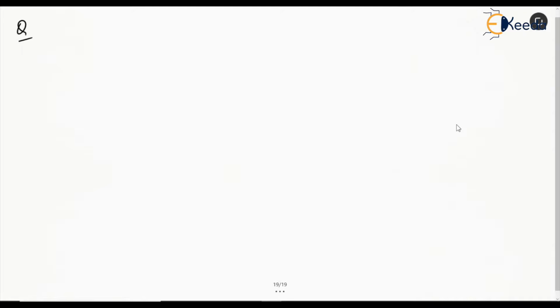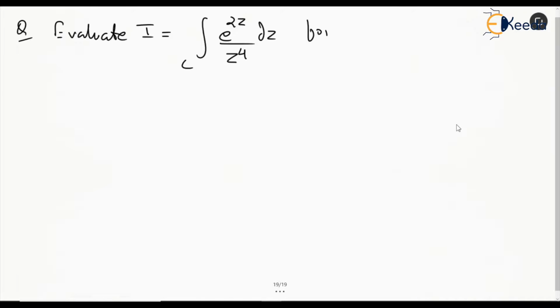It says evaluate I is equal to the integral of e to the power of 2z by z to the power 4 dz for the curve given as mod z equal to 1. So this is nothing but a circle with center at origin and radius equal to 1.